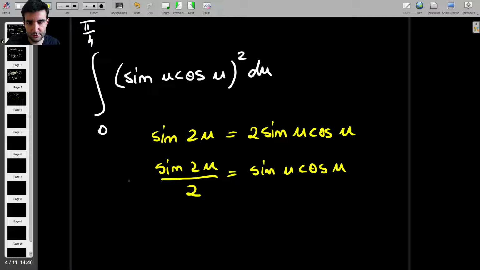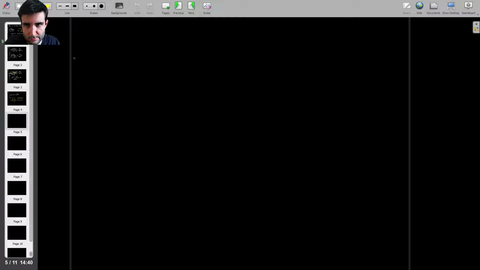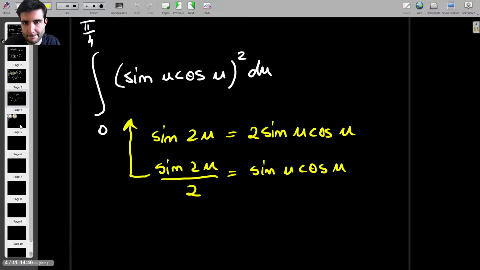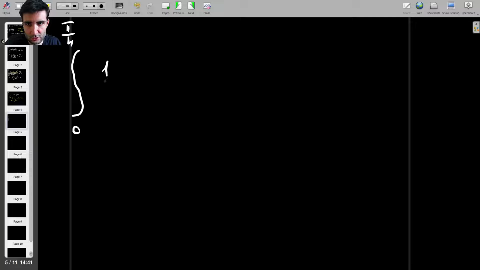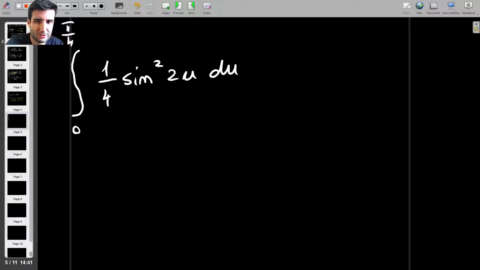We're going to substitute that in here, so our integral becomes the integral from 0 to pi over 4 of, and if we square this, we get 1 over 4 sine squared of 2u du. We're not done yet.